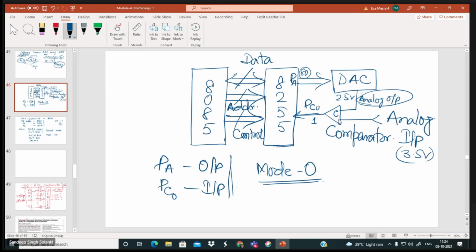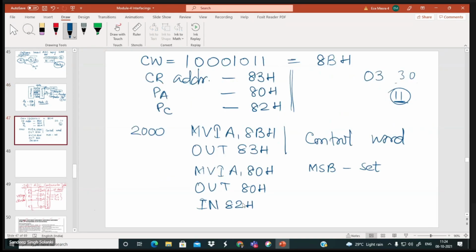Yes, sir. Because here you consider this as plus and this as minus. So always for this plus and minus, you will get 1 for the higher one, for the plus, okay? Yes, sir. So here, after getting this, you have to check whether it is 1 or 0.